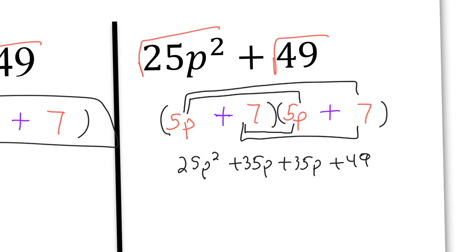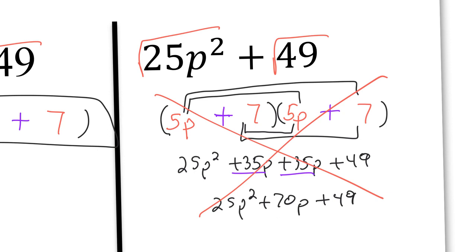Look at the middle. 35 plus 35, that's going to be 70. So we get 25p squared plus 70p plus 49. So we do get the plus 49 here, but we got an extra term that we don't have. That's 70p. So we don't have the middle term. So this one doesn't work. This is not your answer. So I'm going to cross it out because it doesn't work.